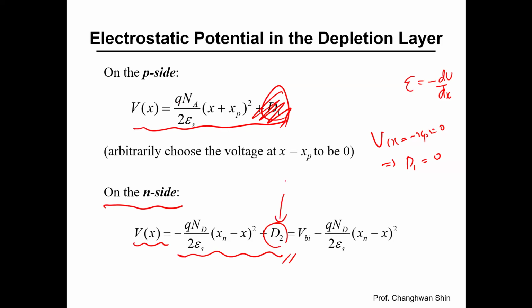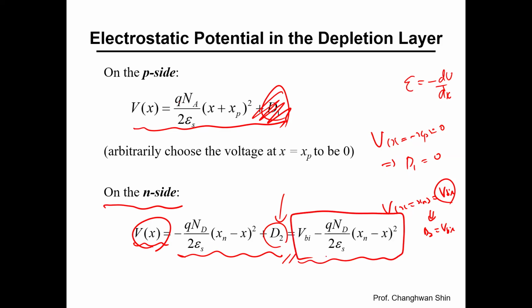To determine the integration constant D2, we can use the condition that V at x equals xN is equal to V sub BI. The full built-in potential is reached at the edge of the depletion region on the N side. This gives us D2 is equal to V sub BI. So our potential on the N side, V of x, is equal to that.